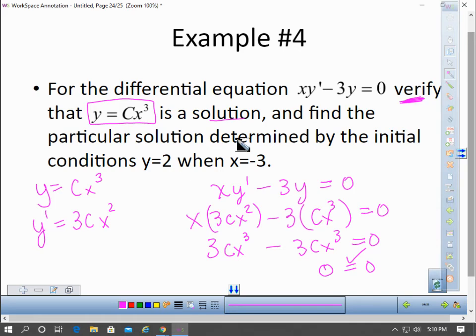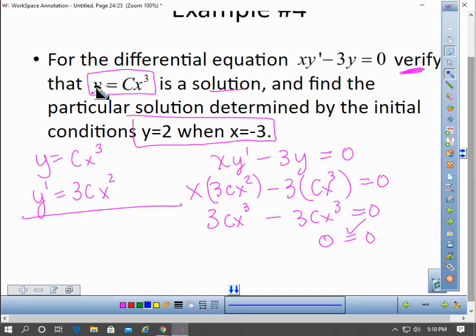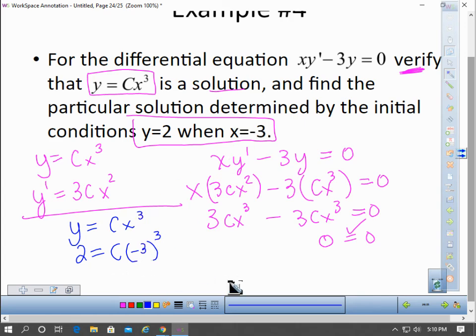All right, now because it's a solution, find the particular solution determined by this initial condition. Y equals 2 when x is negative 3. So now I'm just going to take y equals cx cubed, and I'm going to substitute in this initial condition. So y equals 2 when x is negative 3. All right.